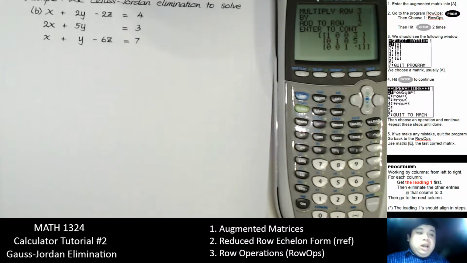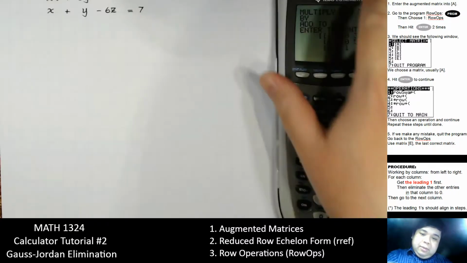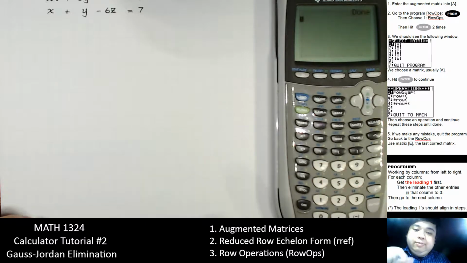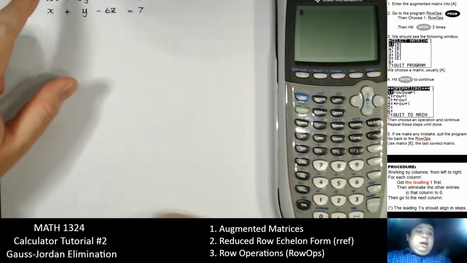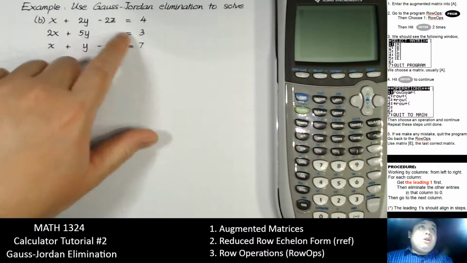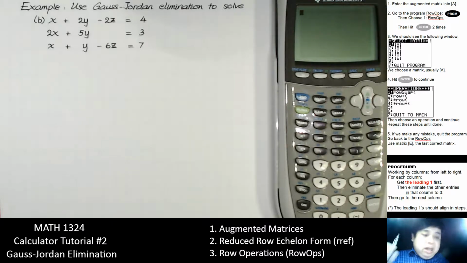Now we go to the second example. Once we're done, we can hit option 7 to quit. Now we're done. First we store these matrices into the matrix menu, and then we go from there.